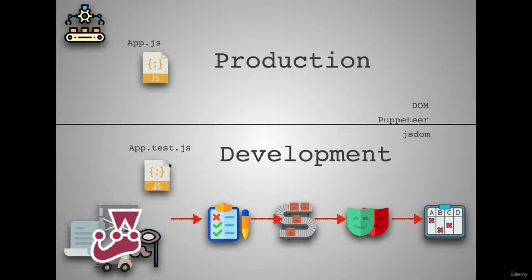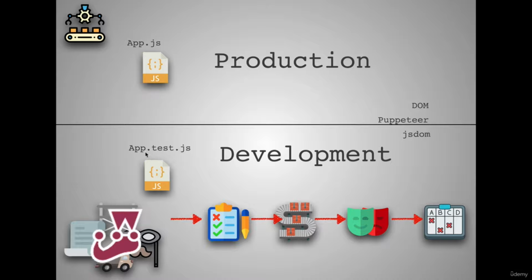Keep in mind that tests are meant for development. You're never going to ship your test libraries or your test code into production. Most of the time, you're saving these libraries with the flag --save-dev in npm because they're only used for development.